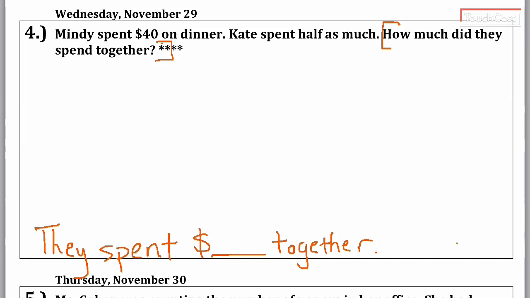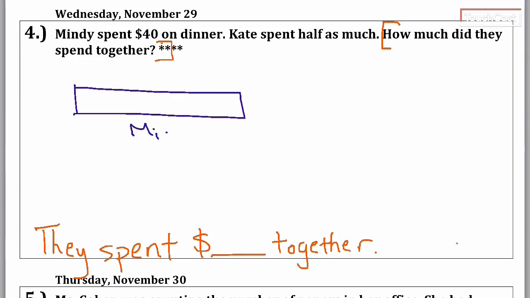Okay. And now we're going to pull out the information that we know. Well, we know Mindy spent $40. That's given to us. And we also know that Kate spent some money as well, but we don't know how much.